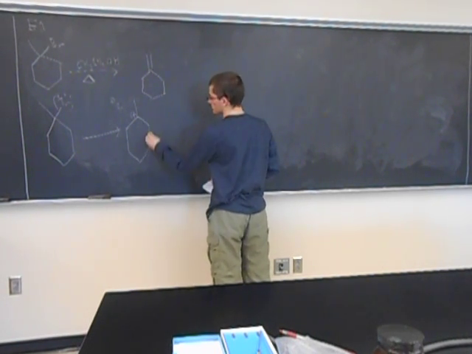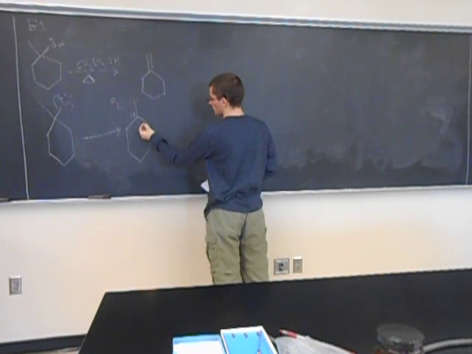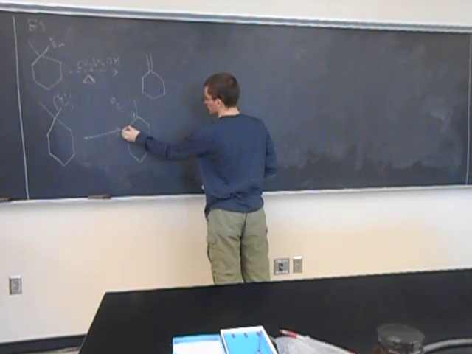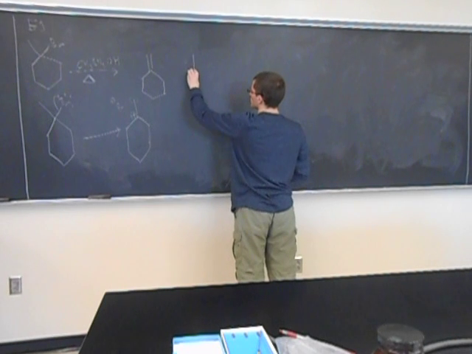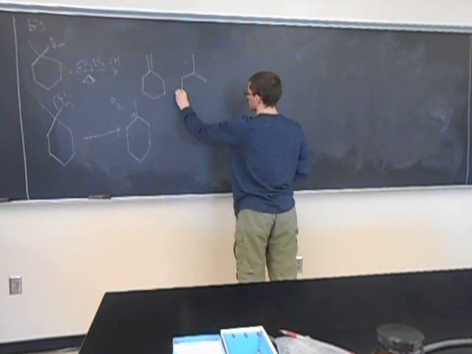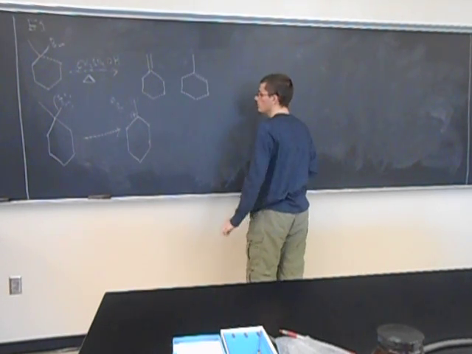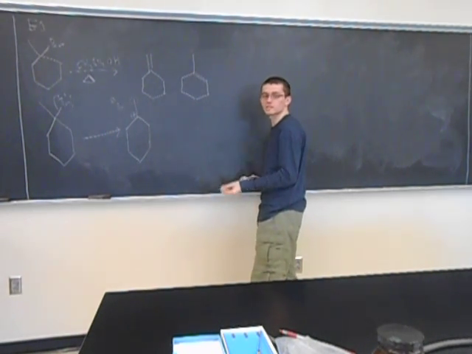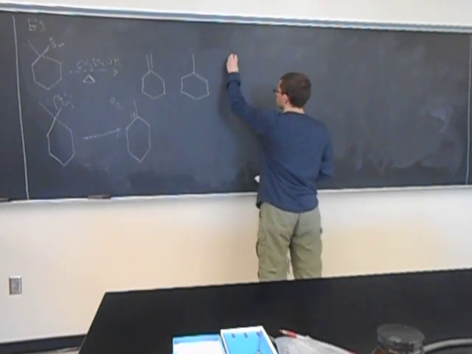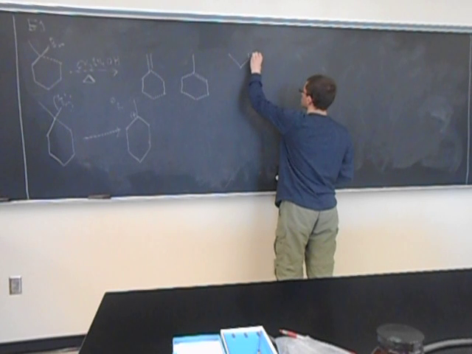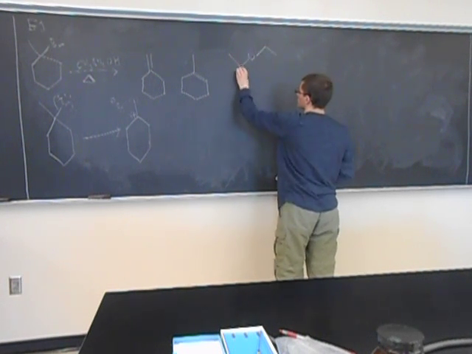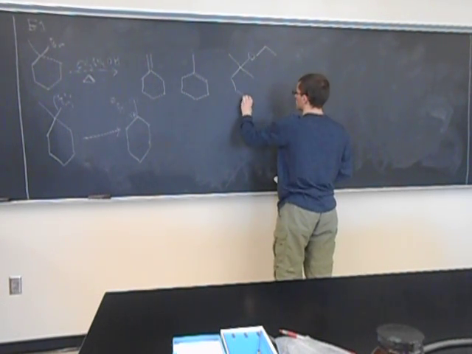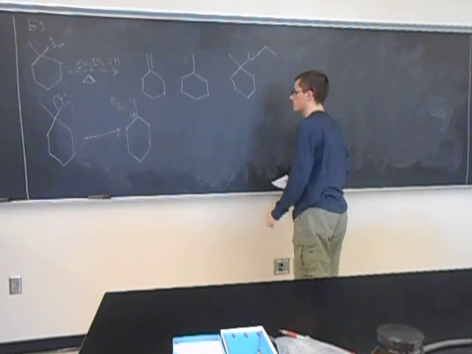We can have it remove a hydrogen from here or here, forming this alkene. Or, again, we could undergo an SN1 mechanism and form an ether. And so these three are going to form.